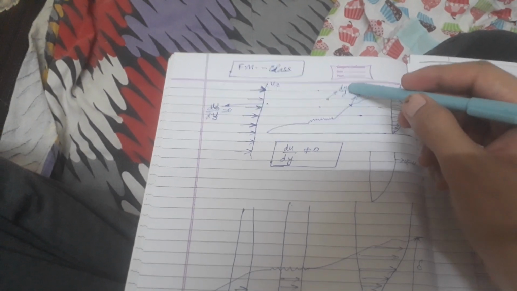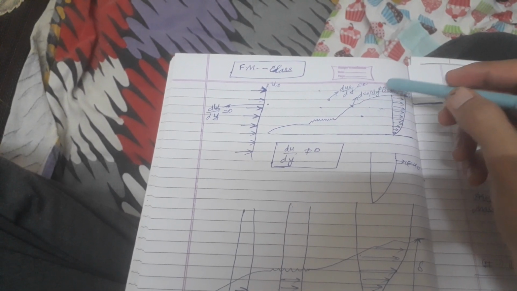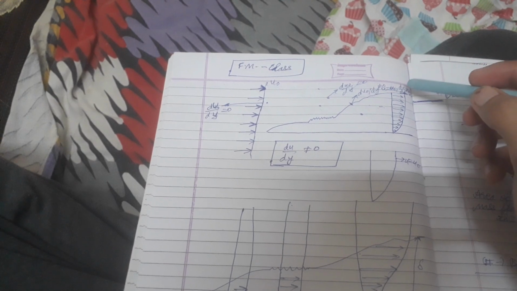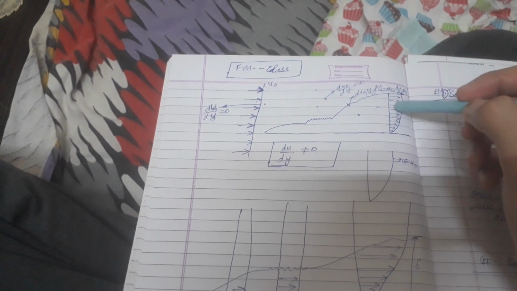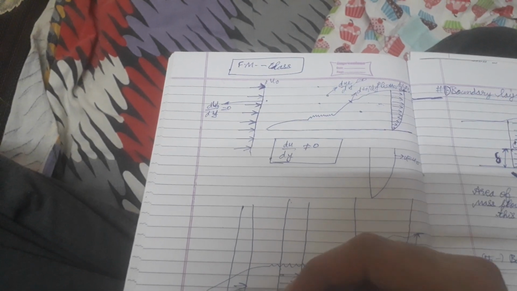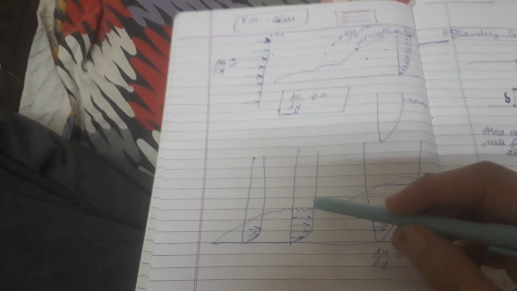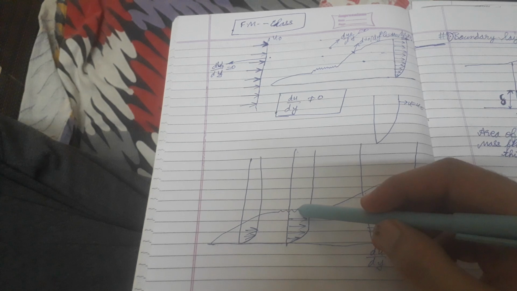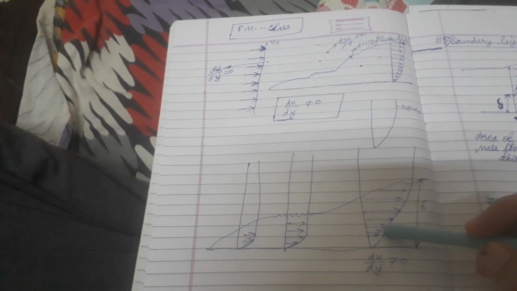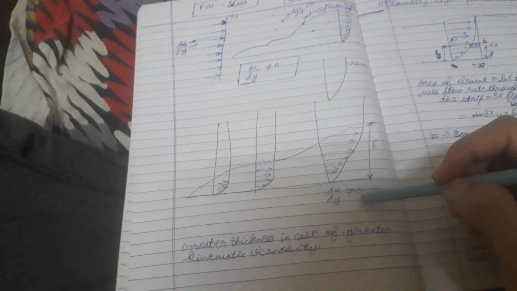Inside the layer du by dy is not equal to 0, and u is equal to u naught at the edge. This is for laminar, this is maybe transition, this is for turbulent, then this is delta, then du by dy not equal to 0. Greater thickness in case of greater kinematic viscosity.